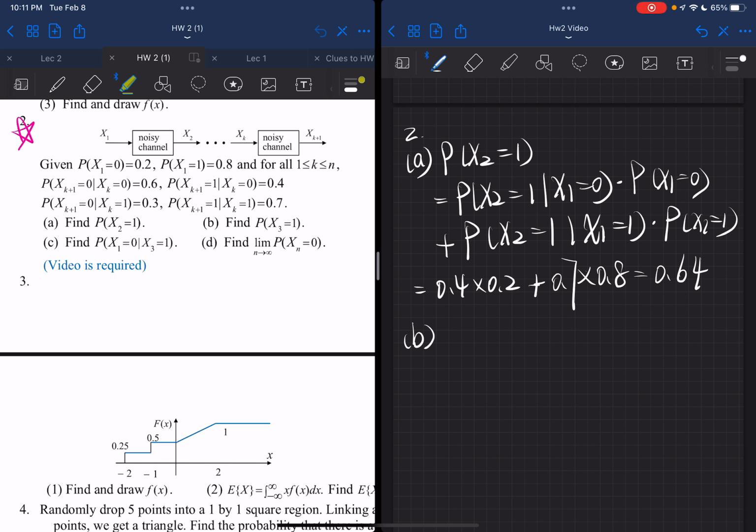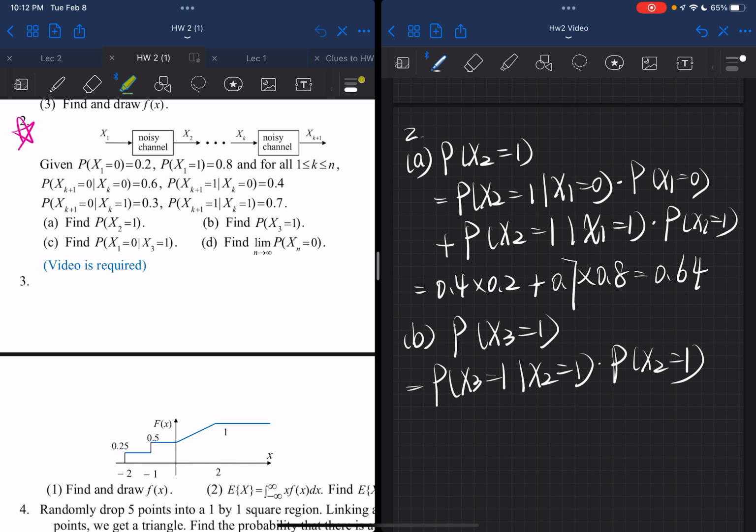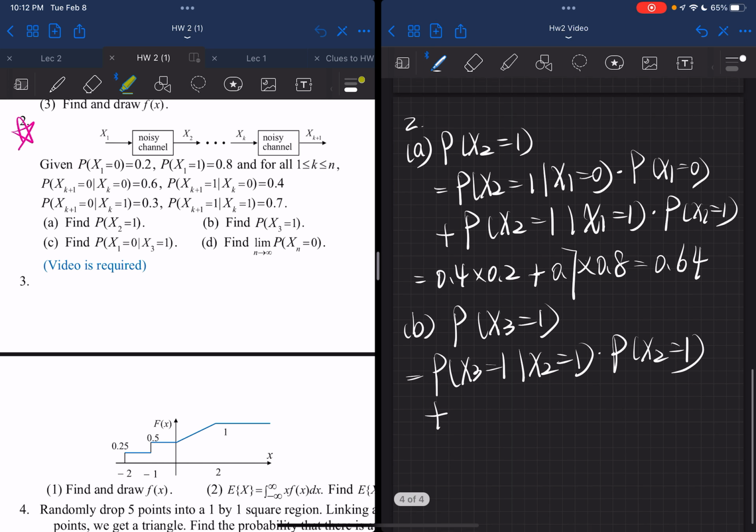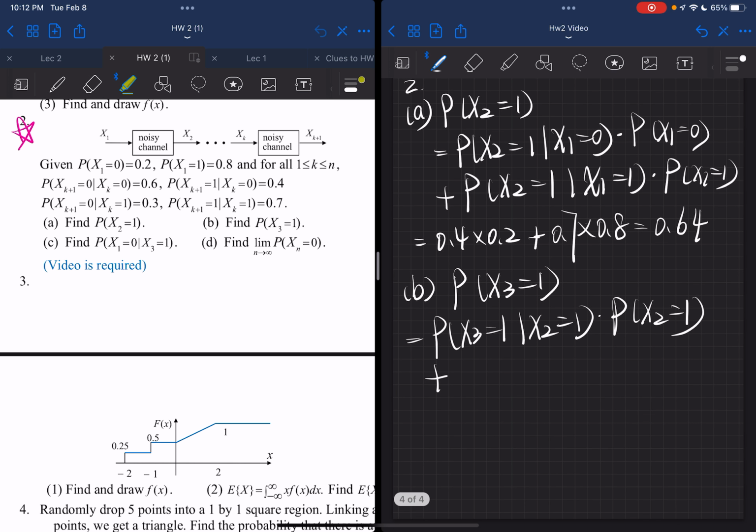Similar to part A, the probability that x3 equals 1 equals the probability that x3 equals 1 under the condition that x2 equals 1, times the probability that x2 equals 1, plus the probability that x3 equals 1 under the condition that x2 equals 0, times the probability that x2 equals 0.